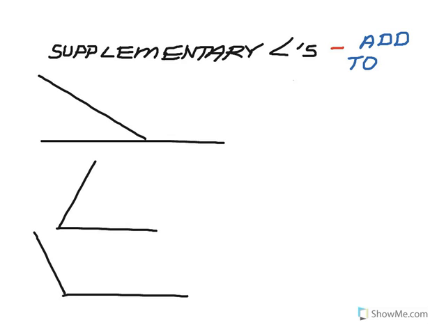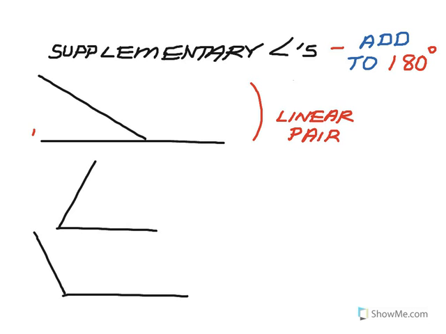Next we have supplementary angles, and again we're only talking about angle pairs, not groups of 3 or 4 angles, but any two angles that add up to 180 degrees are supplementary. So of course any two angles lying along a straight line, which you remember we call a linear pair, always have a sum of 180 degrees.